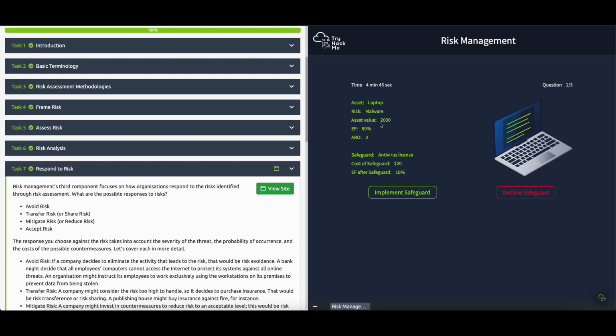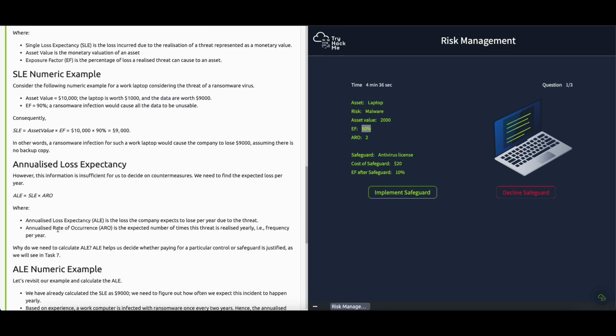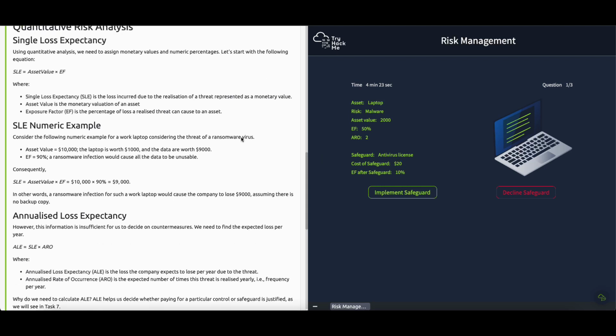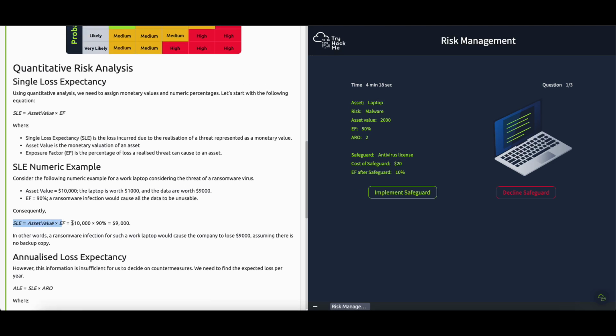For this question, asset value is 2000, exposure factor is 50%, and ARO, annual rate of occurrence, is 2, and the cost of safeguard is $20, and exposure factor after safeguard is 10%. The mathematical operations that we need to do: first, we have to find single loss expectancy.